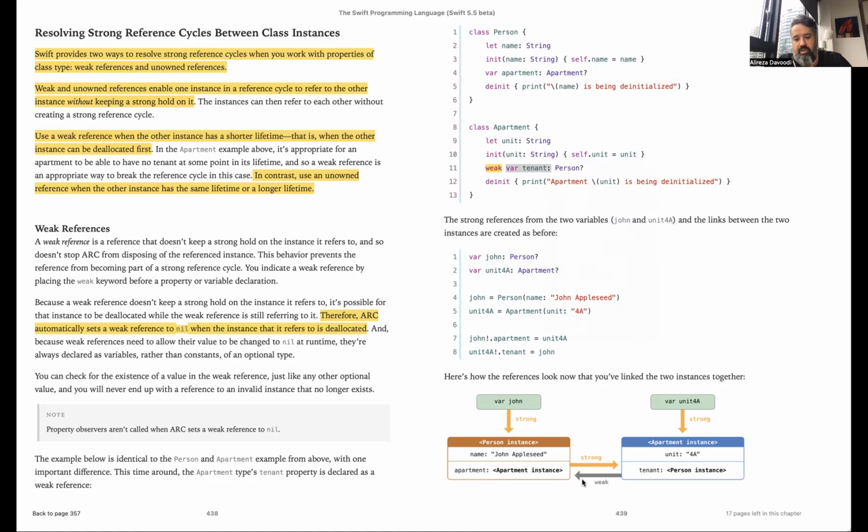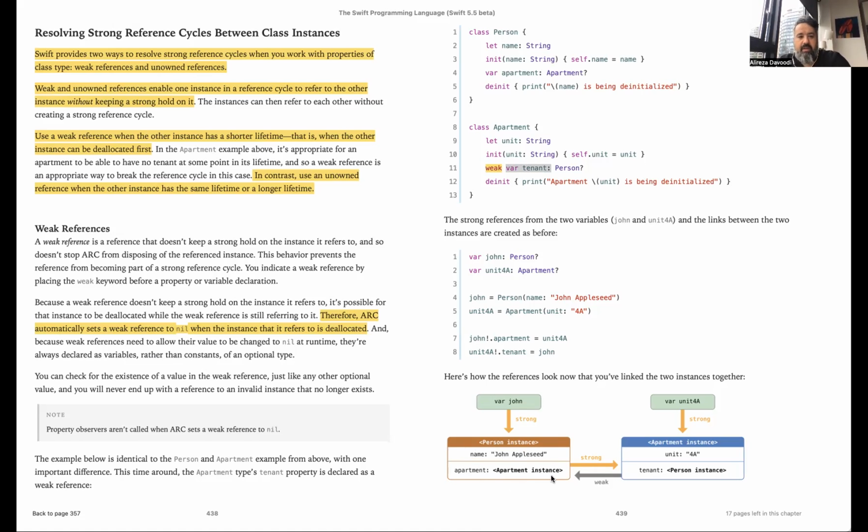So this situation here is weak. Therefore, the reference count for the apartment is 2, because there are two strong references to the apartment instance. But the reference count for this person instance in memory is 1, because there is one strong reference and one weak reference to it.